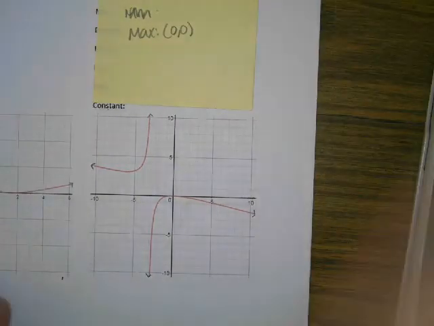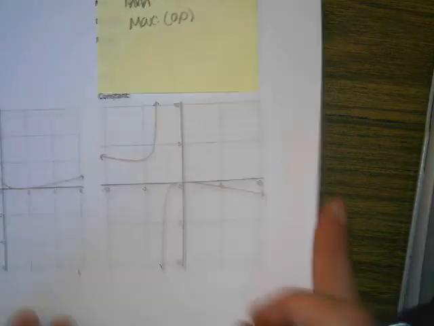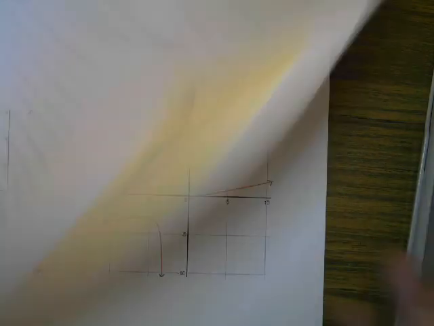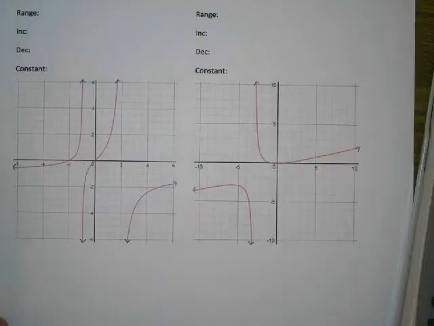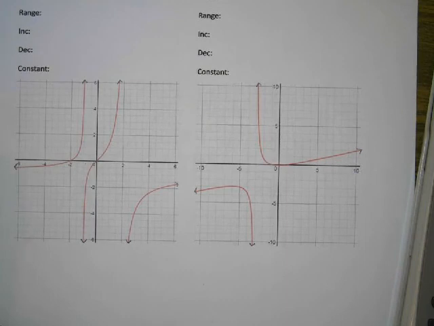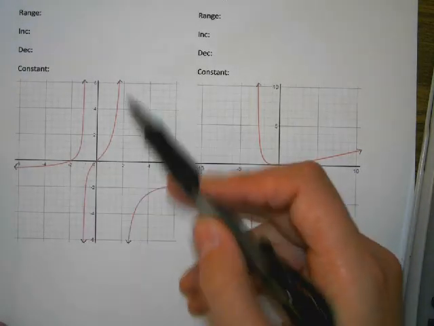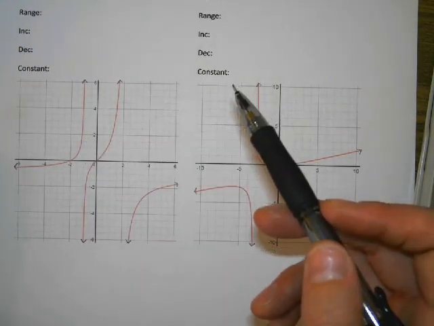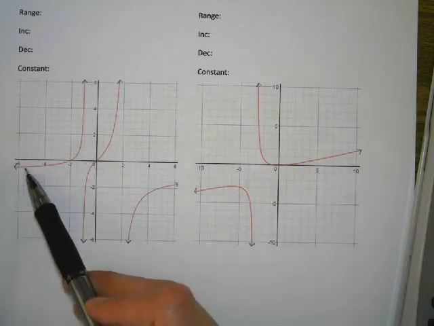Okay. If we look at the next page, what do you guys see for number 7? It's got that thing in the middle. Does it have any maxes or mins? No. So I can see this graph goes up.